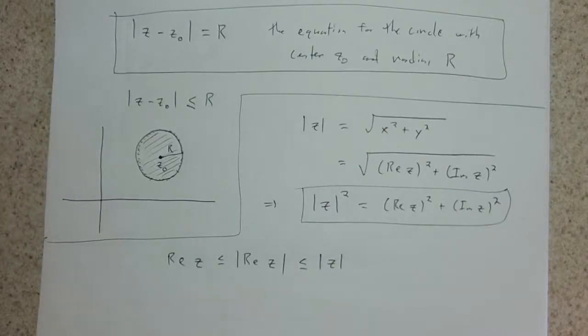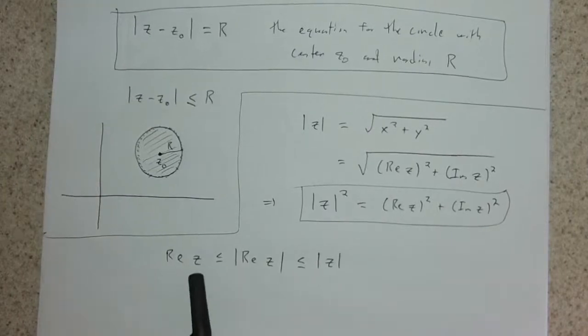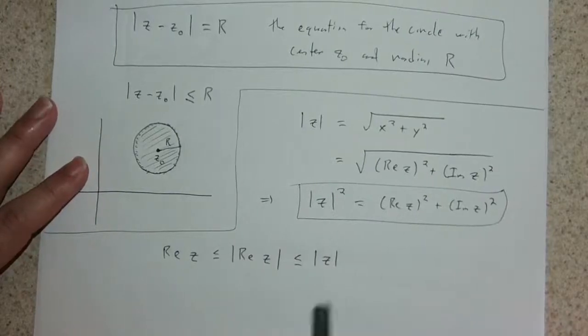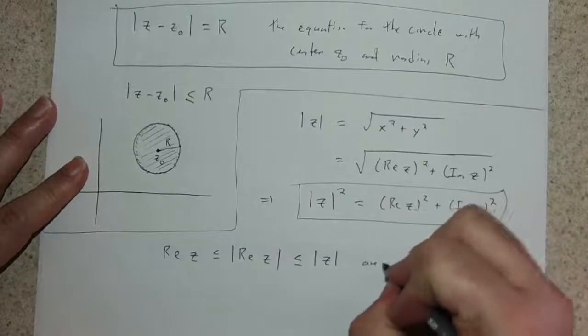Because the complex number z could lie on the real axis. It could actually just be a real number. And if it's a positive real number, then the real part of it is some positive real number, and all these actually are equal. So these would all have to be equal in the event that z is real and positive. That's why we can't get rid of the equality part of the inequalities. They can't be made strict in general.